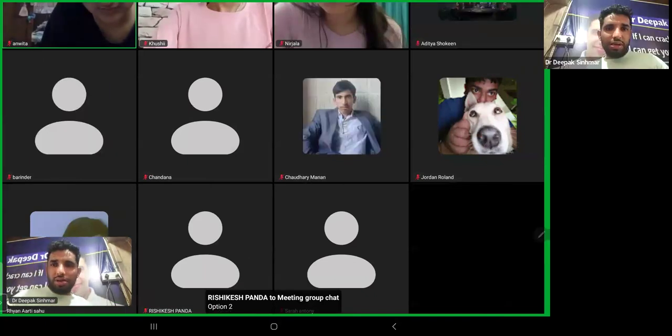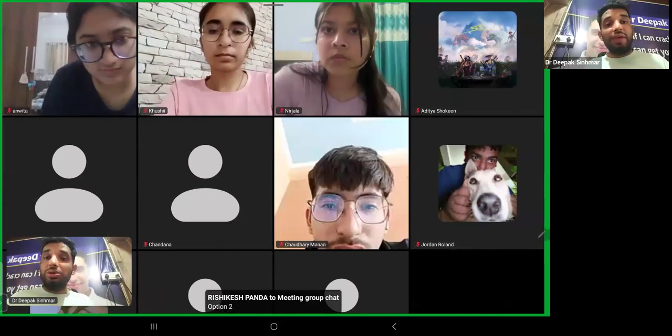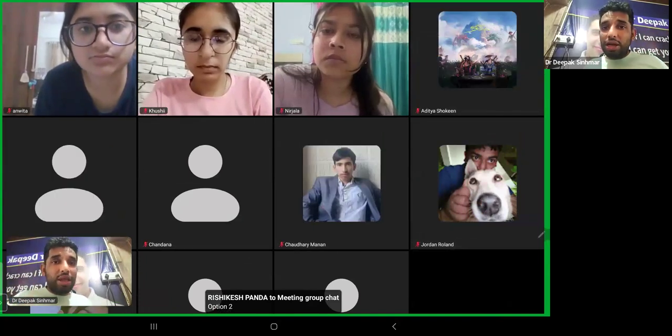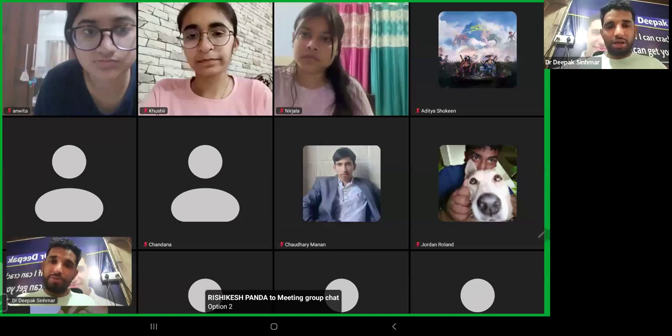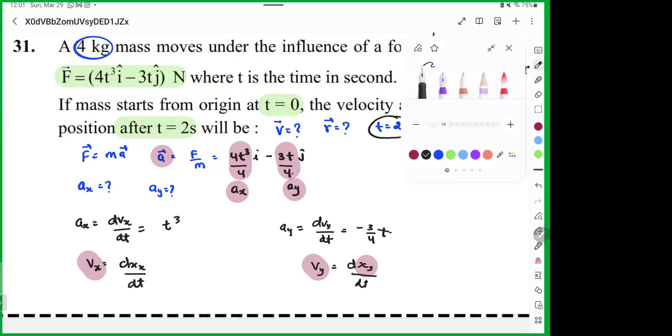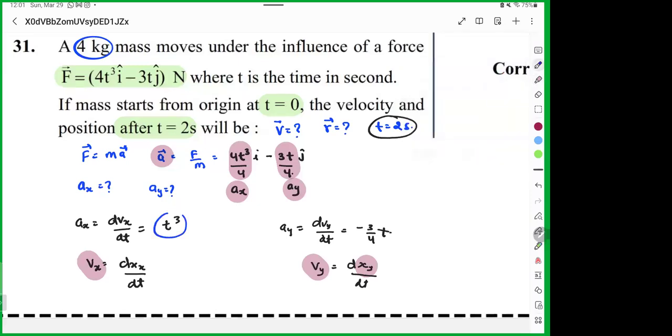Okay, Anvita. In this case, you have to just integrate acceleration with respect to time, and then integrate velocity with respect to time. You have to do it two times. For example, you have this acceleration value, and when you calculate velocity from this, what will happen? dvx will be equal to t cube into dt.